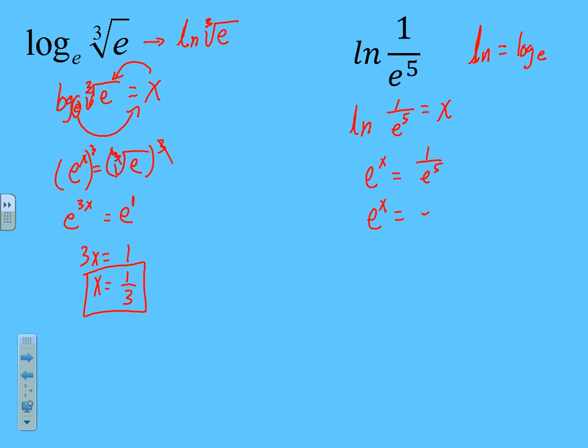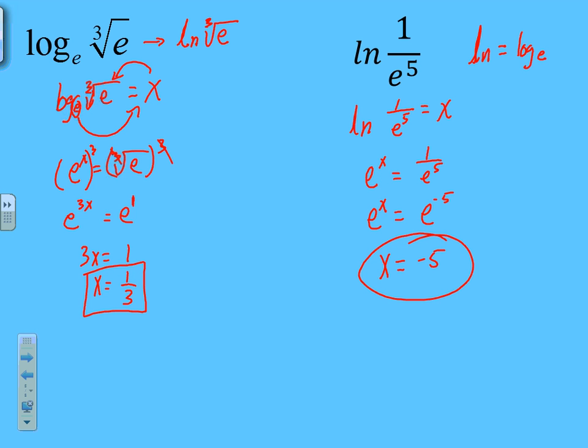So I take the reciprocal of it, and in so doing, the exponent changes signs from positive to negative. Now I have common bases, and so I can set the exponents equal to each other and say x in this case would be equal to negative 5. So again, on your calculator, if you said natural log of 1 divided by e to the 5th power, the calculator would produce an answer of -5.